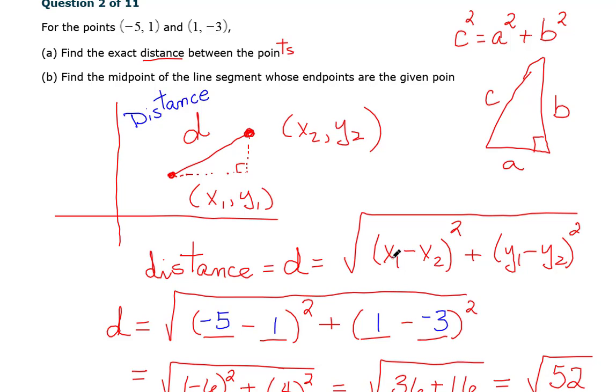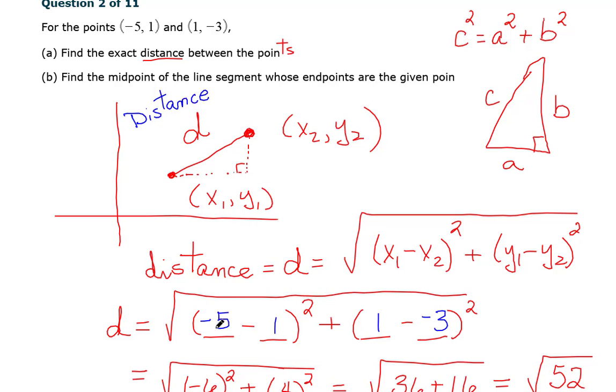I need to figure out how far it is on the x, and that's x1 minus x2 squared, plus how far on the y, y1 minus y2 squared. It doesn't matter if I wrote this as x2 minus x1 and y2 minus y1. However you put the order of the x's won't matter because you're squaring it and they're going to be positive anyway.